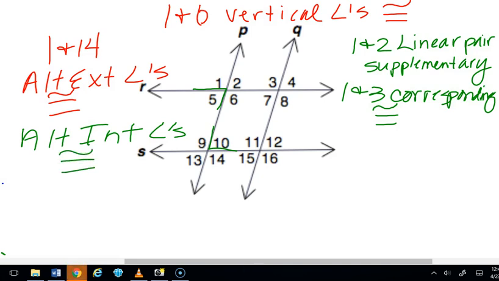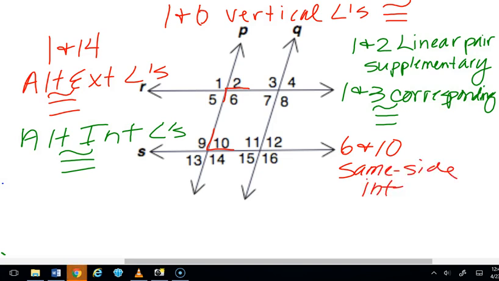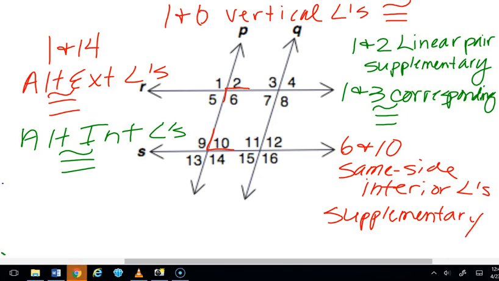And the last pair I'd like to talk about is this pair right here, 6 and 10. 6 and 10 are same side interior angles, and these two are supplementary. Now what I like to tell you guys is that when the angles are the same shape, they're going to be congruent. If one's acute and one's obtuse, then obviously they can't be congruent. They have to be supplementary. So that was just a little bit of review over all the different types of angles.